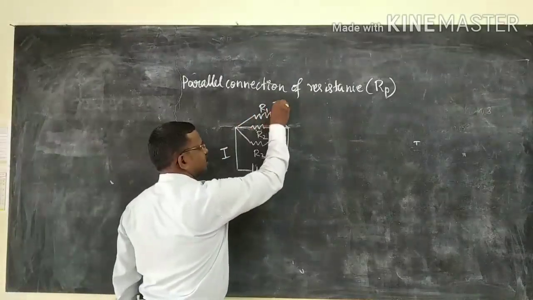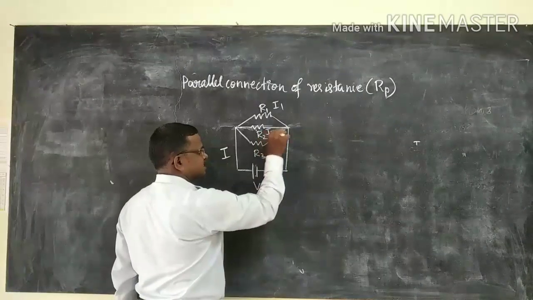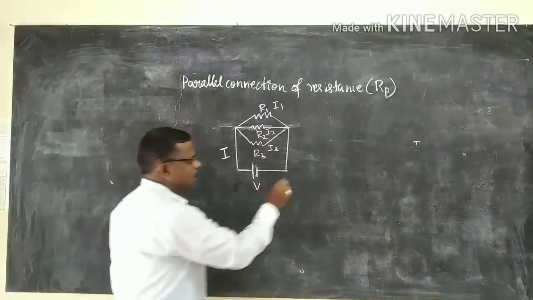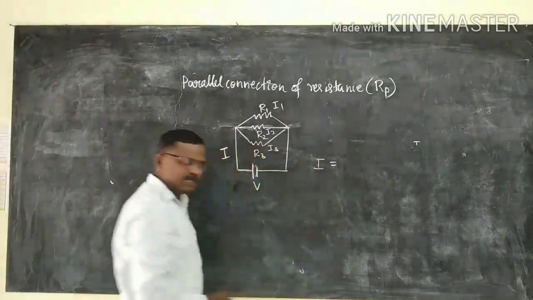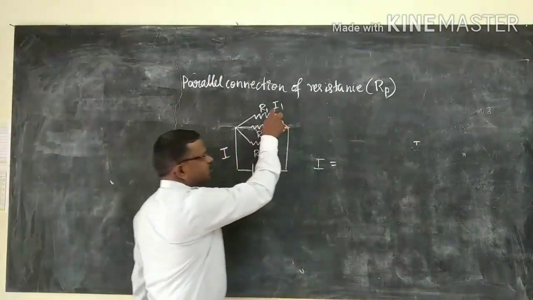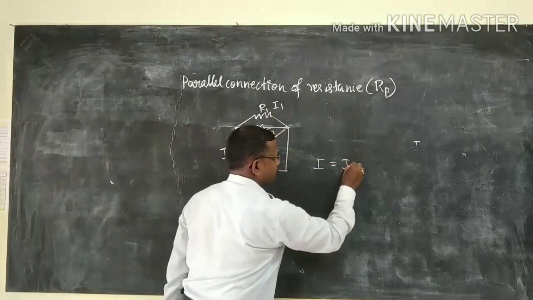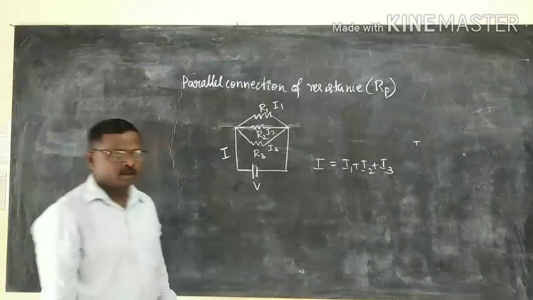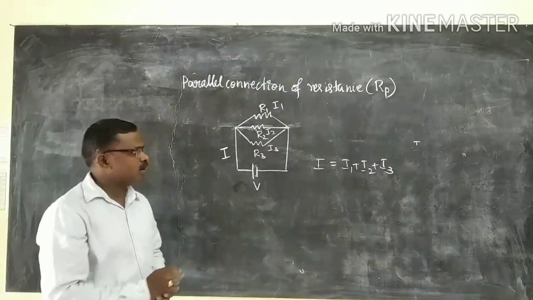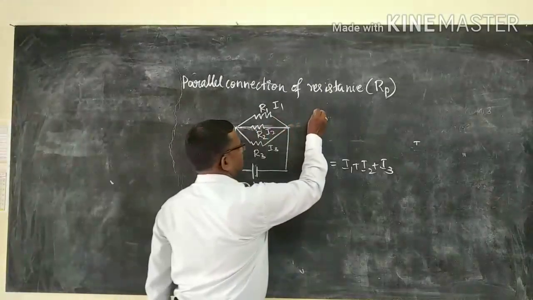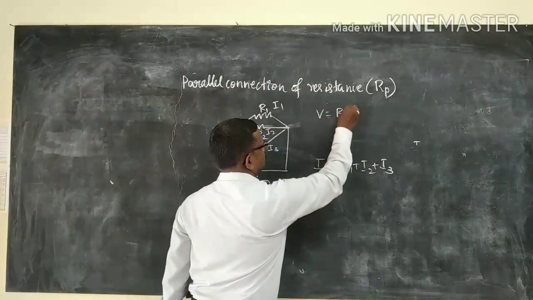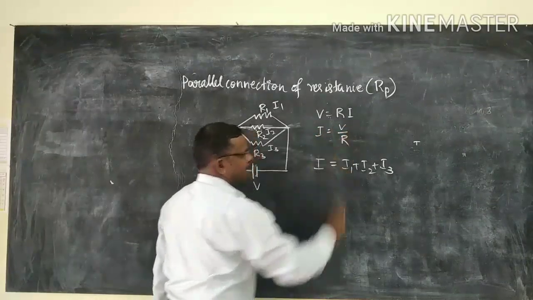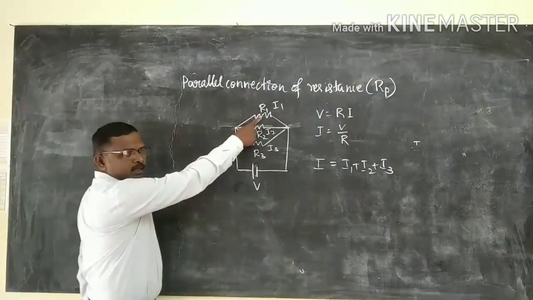The current in this resistor is I1, in this resistor I2, in this resistor I3. That means the total current through the circuit I is equal to I1, I2, I3. When we apply Ohm's law, we already know V is equal to RI or I is equal to V by R. What about here in this resistor?